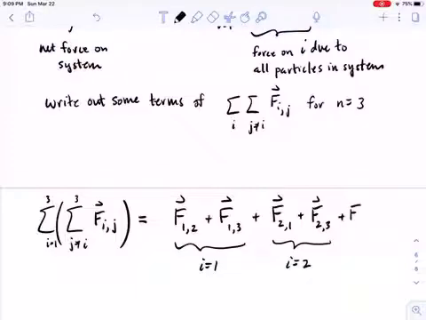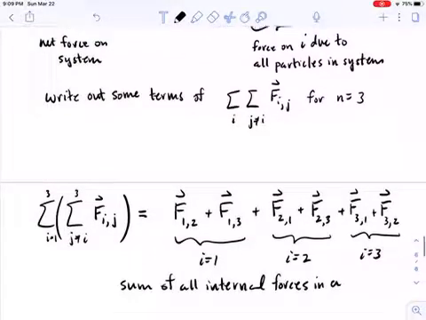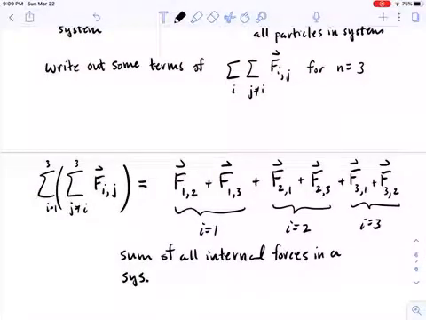And then finally, we have i equals 3, j equals 1, plus i equals 3, j equals 2, and then we can't have j equals 3 in this case. Okay, so these are the sums of all the internal forces in a system of n equals 3 particles.